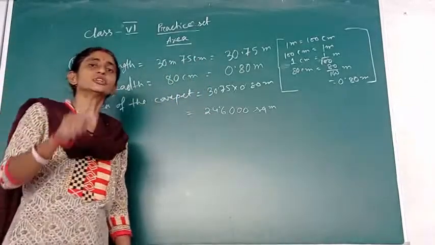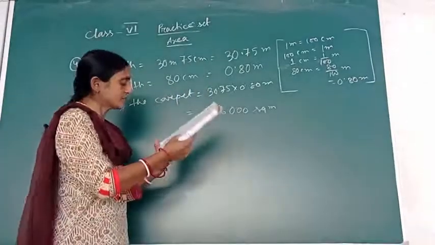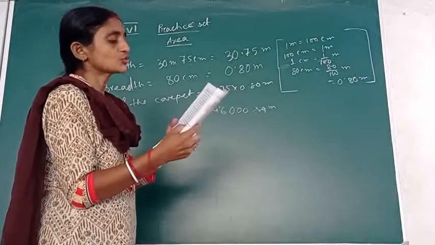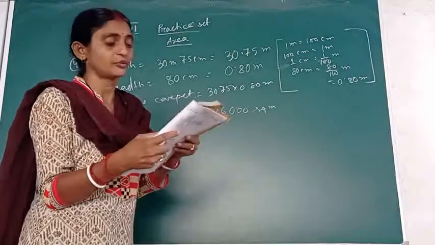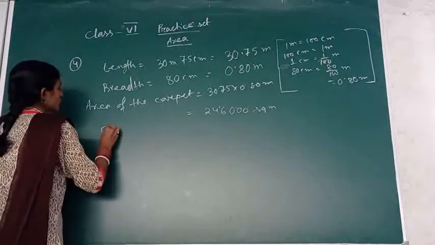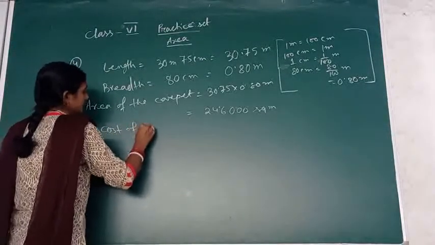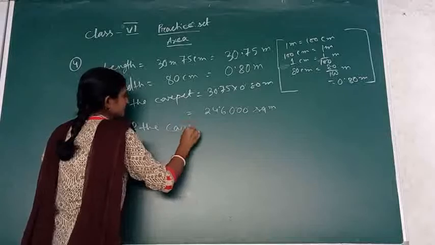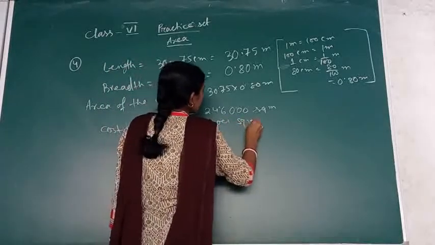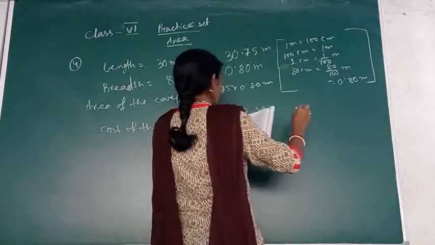Now come to the next part of this question. Here it has been given that the cost per square meter of the carpet is rupees 150. Okay, so cost of the carpet per square meter equal to what has been given?